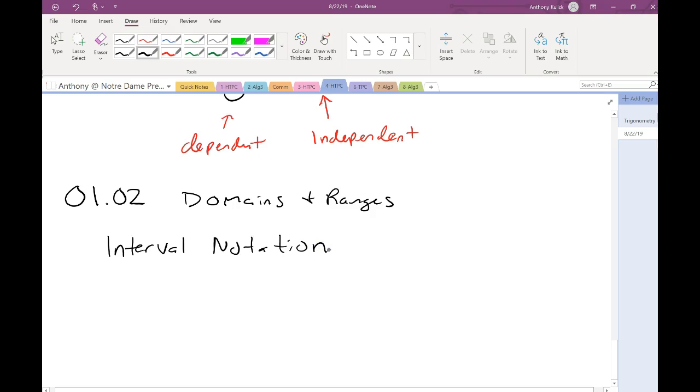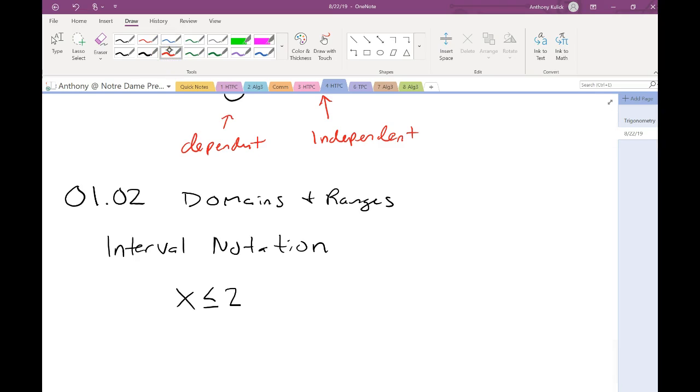So interval notation is just a way to describe a continuous set or certain kinds of infinite sets. Suppose I have the set of numbers that are less than or equal to 2.